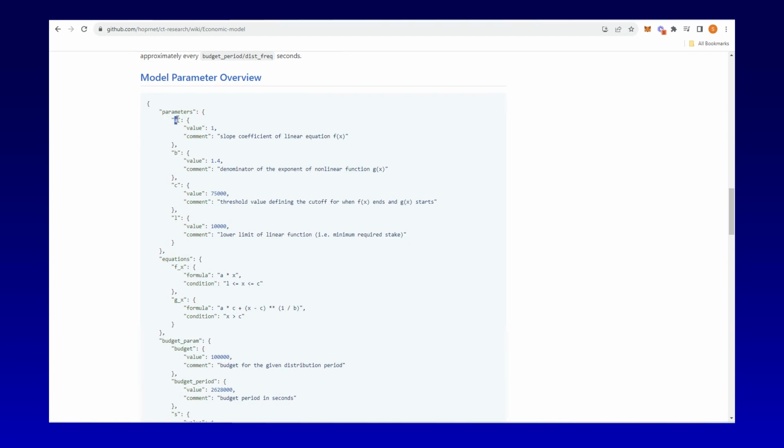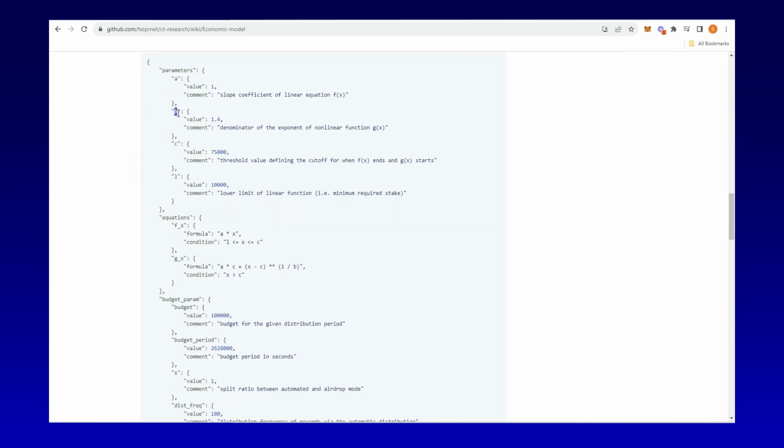The first parameter A, the slope coefficient, is actually set to 1. So it's just a straight linear curve when you're staking in between the minimum and upper threshold. This power function B, or the denominator of the exponent, is set to 1.4, which is actually very steep.